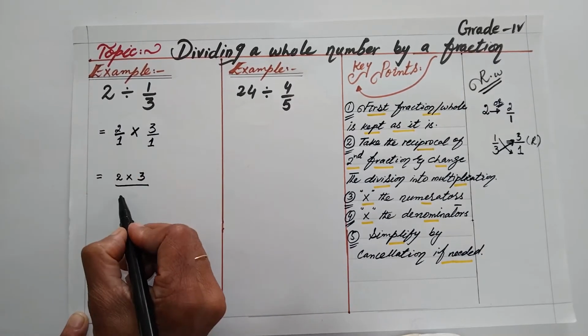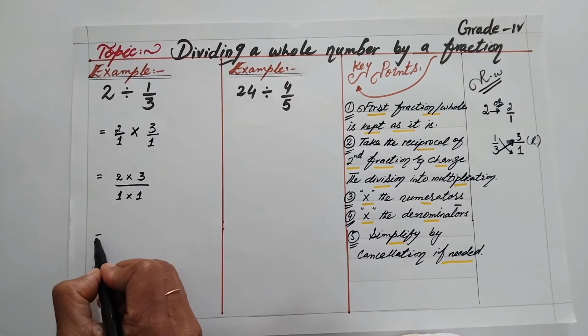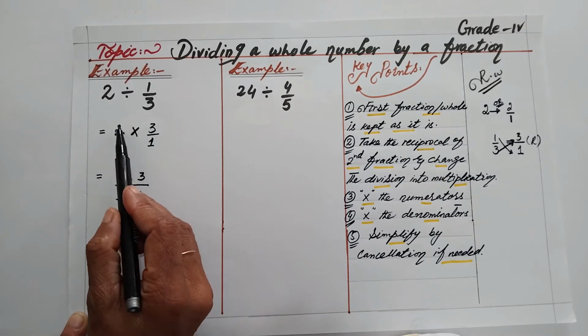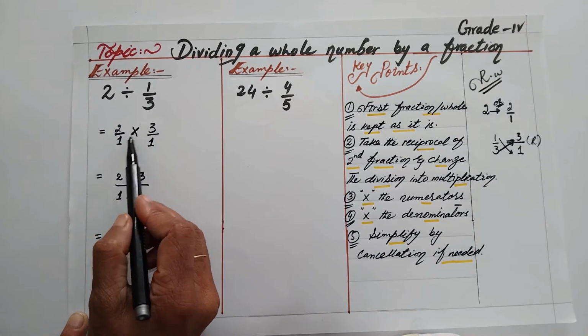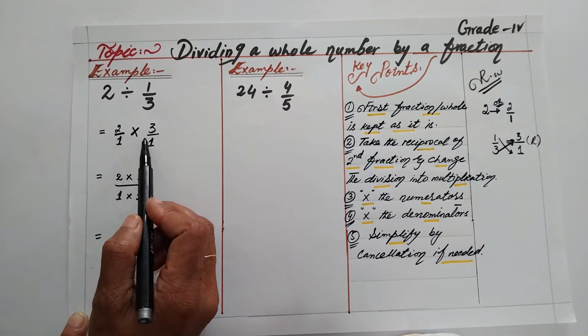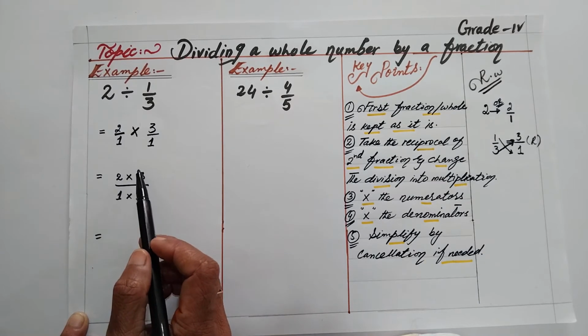Multiply the denominators: 1 multiplied by 1. But here one more possibility is that if there is any common factor, you can also cancel out the numerators and denominators by each other.